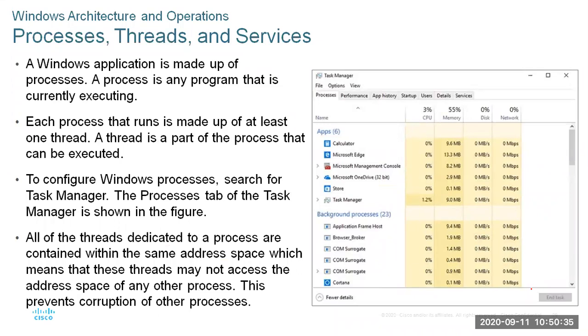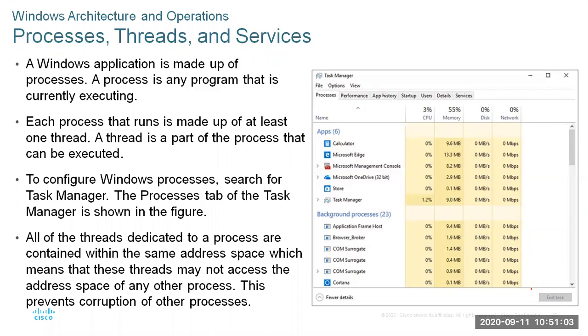Okay, so Windows applications are made up of processes. A process is any program that is currently executing. Each process that runs is made up of at least one thread. A thread is a part of a process that can be executed. To configure Windows processes, search for the task manager.